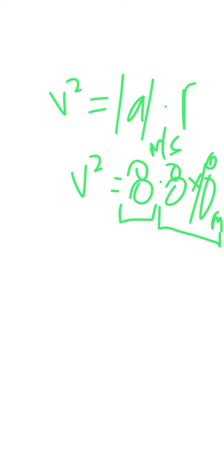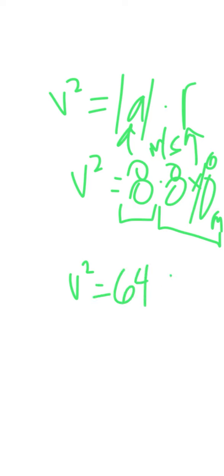So 8 meters per second squared times 8 times 10 to the 6th meters. This is the acceleration, and this is our r. Now that we have this equation, we can start solving. So we have v squared equals 64 times 10 to the 6th.